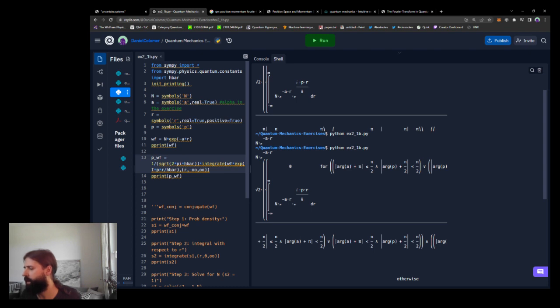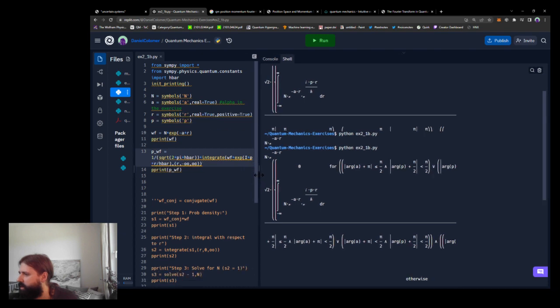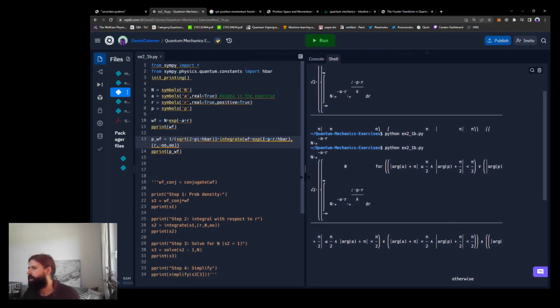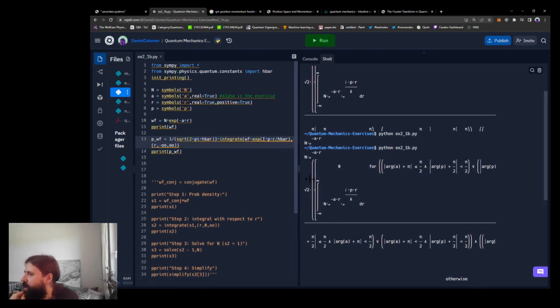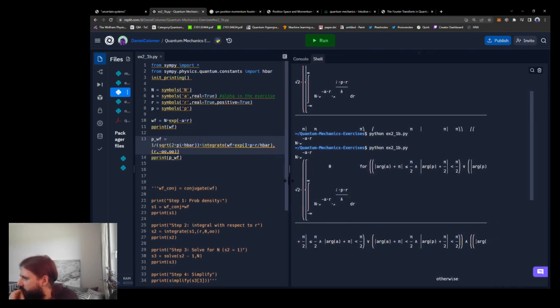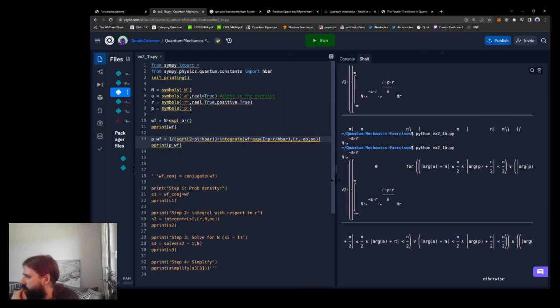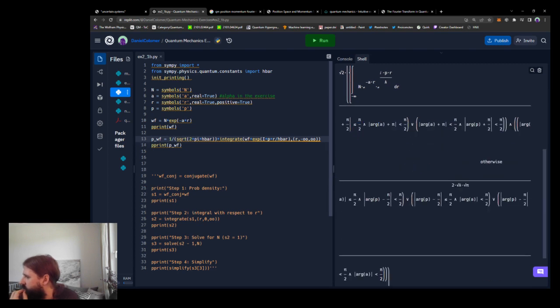It's square root of 2 times the integral times 0. I just don't like this whole thing. Okay, so this is just huge.